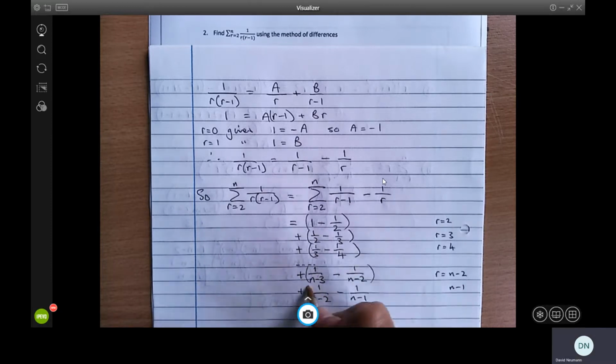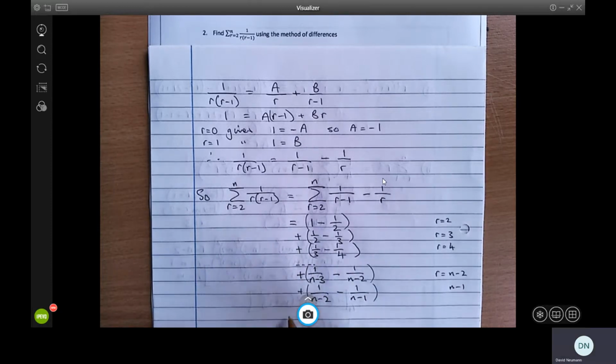Let's put brackets around that, to show that they're individual terms, plus, and now we've got r equals n, 1 over n minus 1 minus 1 over n, sorry, that should be minus 1 over n.